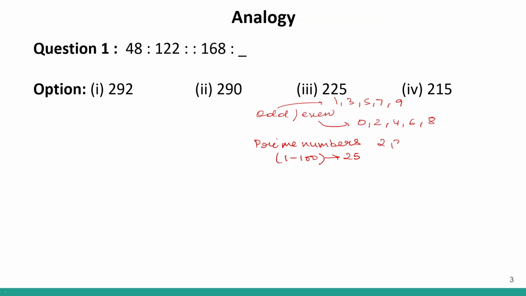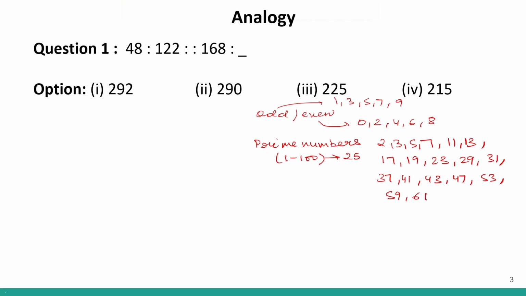So we have 2, 3, 5, 7, 11, 13, 17, 19, 23, 29, 31, 37, 41, 43, 47, 53, 59, 61, 67, 71, 73, 79, 83, 89 and 97. So these are your prime numbers between 1 and 100.